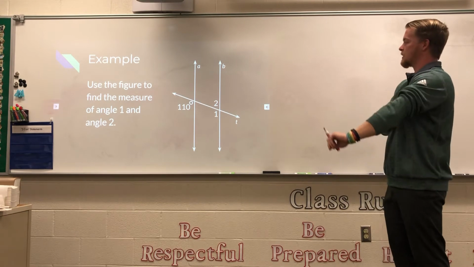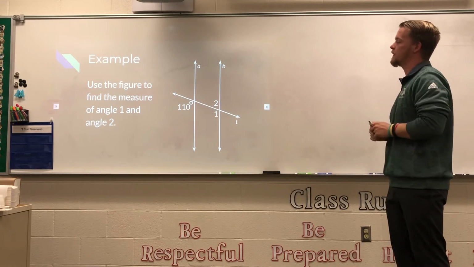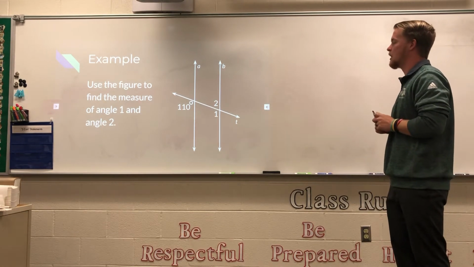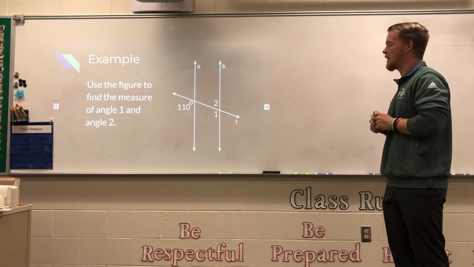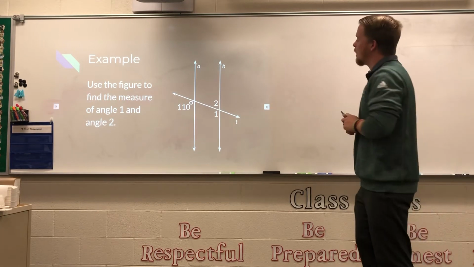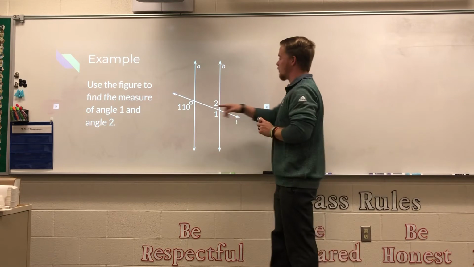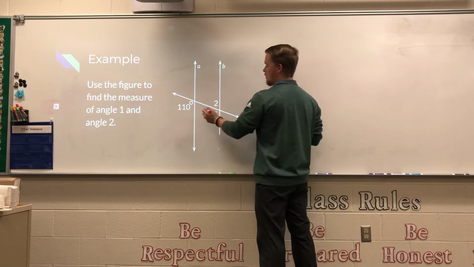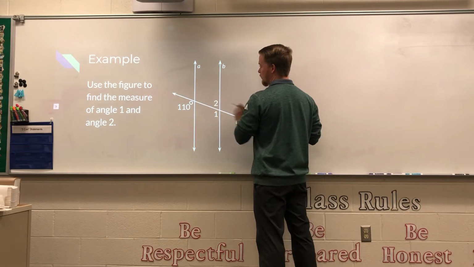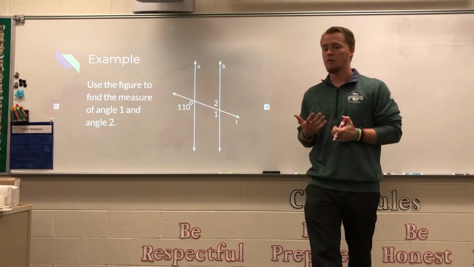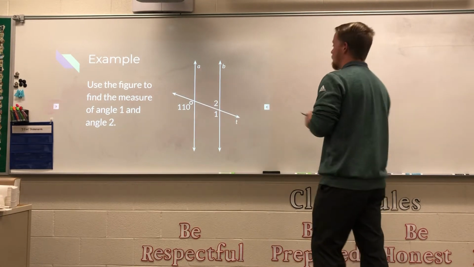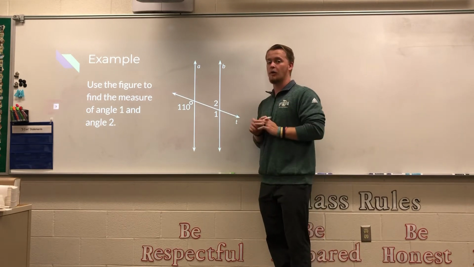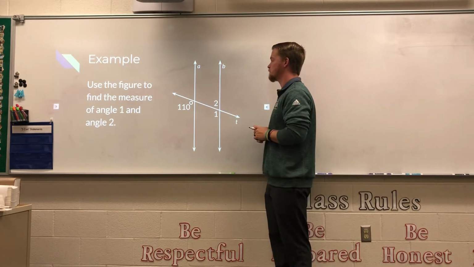So this says, use the figure to find the measure of angle 1 and angle 2. First of all, the angle that's given to us is 110 degrees, and they want us to find these two angles. The first thing I'm going to do is find my parallel lines, because that'll help me identify things.